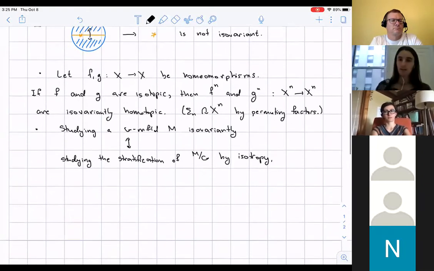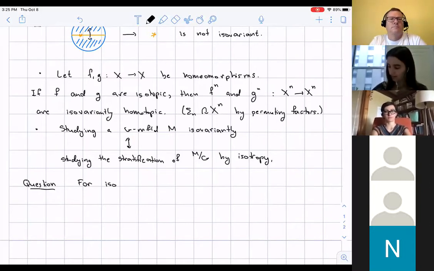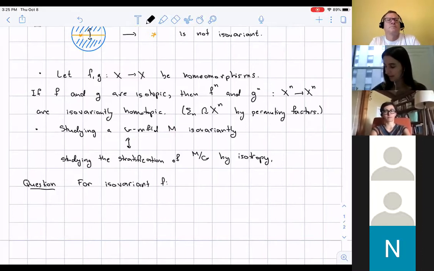Okay. So here's the question that Sarah and I are working on. If we have an isovariant map f from X to X, when can we remove its fixed points?